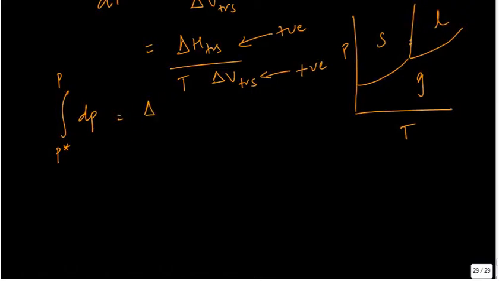So delta H of fusion by delta V of fusion times integral dT by T, right? Assuming that they do not change much, I have just brought it out of the integral.